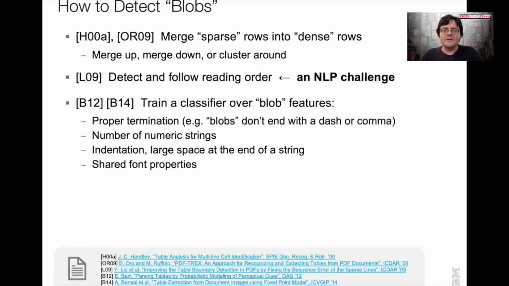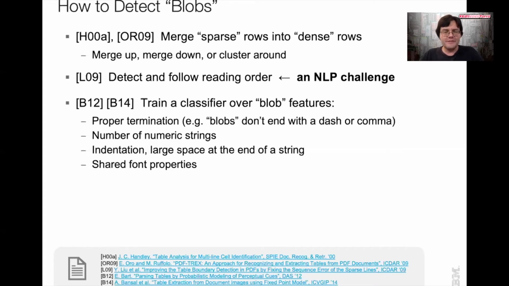You can also define a machine learning classifier for blobs. So you can map a blob into a vector of features and then apply a classifier to compute your confidence score, whether it's likely to be a blob or just a partial blob or a union of multiple blobs.